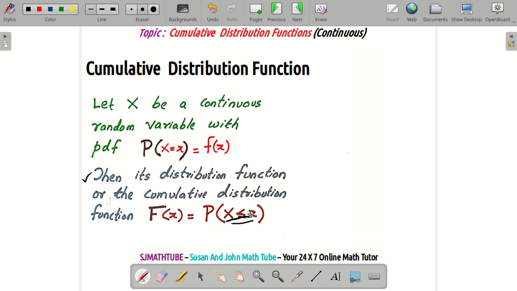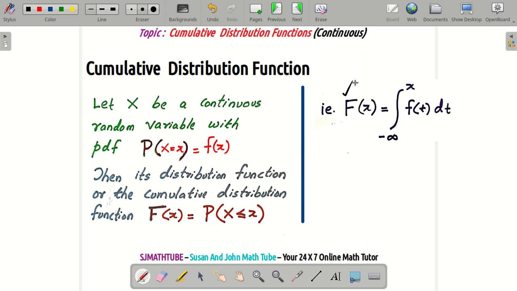That means we are collecting the sum of all the probabilities from minus infinity to any desired number you like.